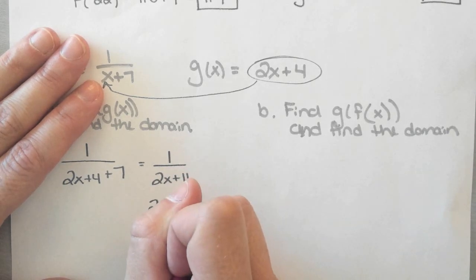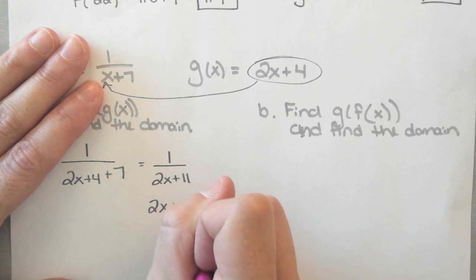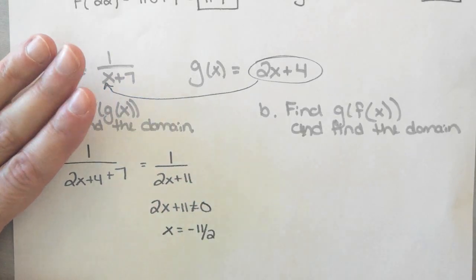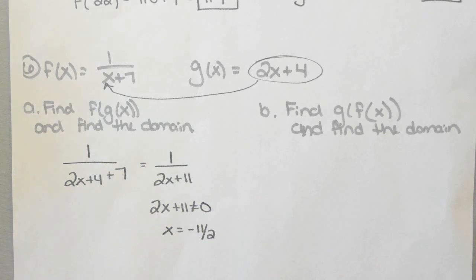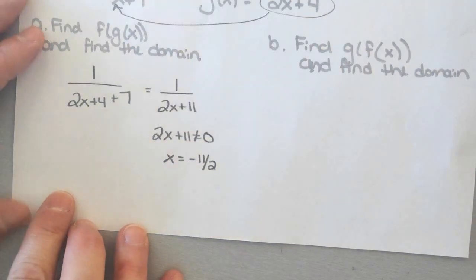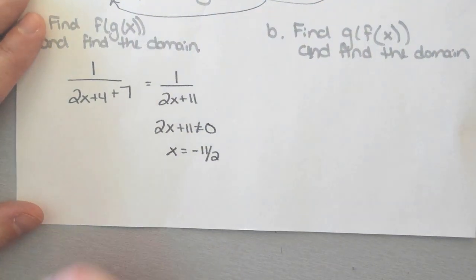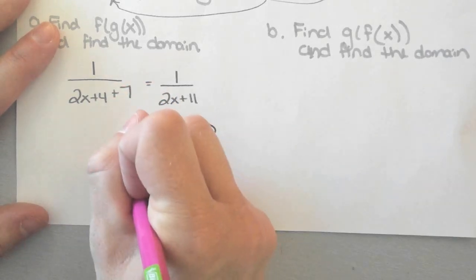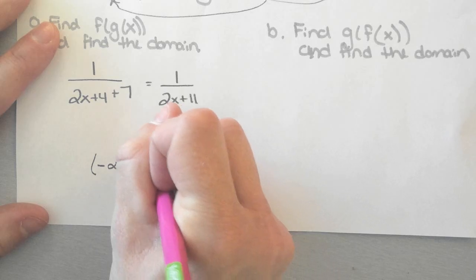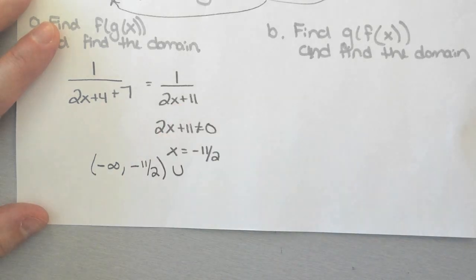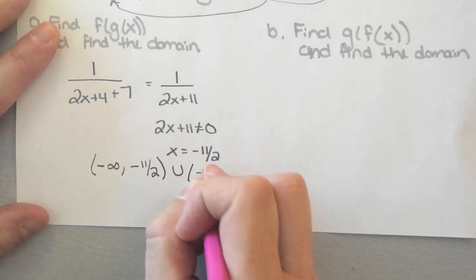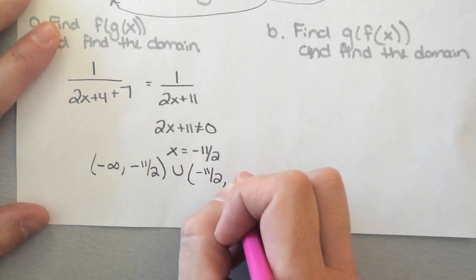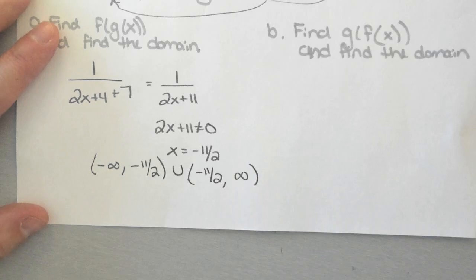Subtract over the 11, divide by 2. X cannot be negative 11 halves, or negative 5.5 would be another way to say that. So we have negative infinity, comma, negative 11 halves, parenthesis, we can't be included, another parenthesis, negative 11 halves to positive infinity. So that's showing that it's not included.